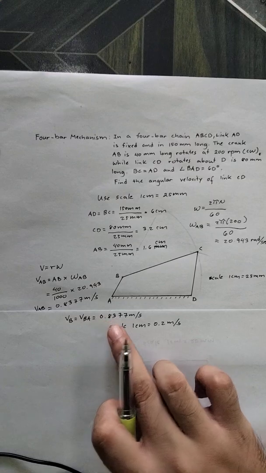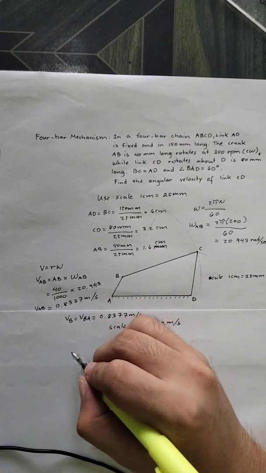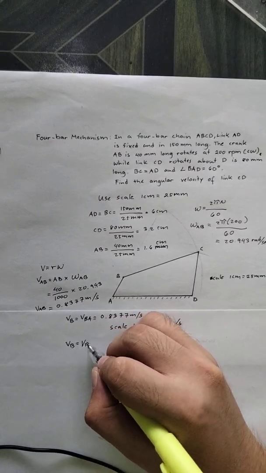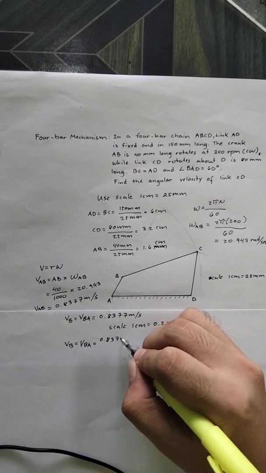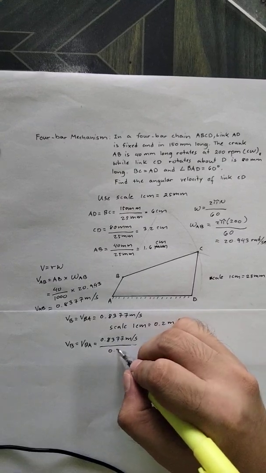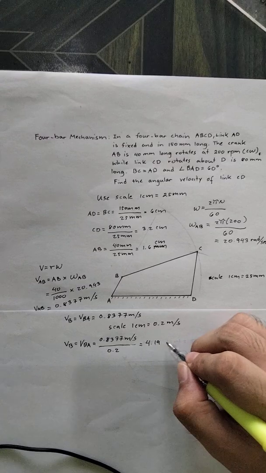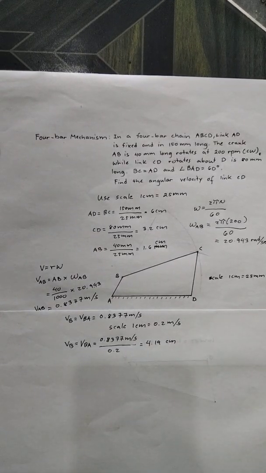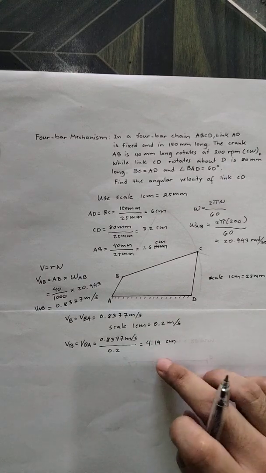So velocity BA is equal to 0.8377 meter per second divided by 0.2. So you have 4.19 centimeters. This length is the length that will reflect in your vector diagram form.